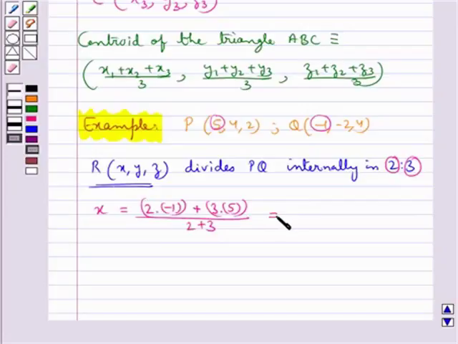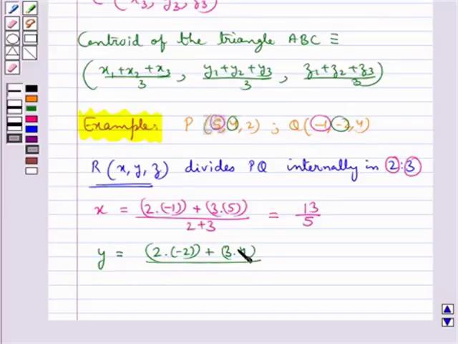Now this is equal to 13 upon 5. Then the y coordinate is equal to my2, m is 2, y2 is -2, plus ny1, that is 3 into 4 upon m plus n, that is 2 plus 3. This comes out to be equal to 8 upon 5.